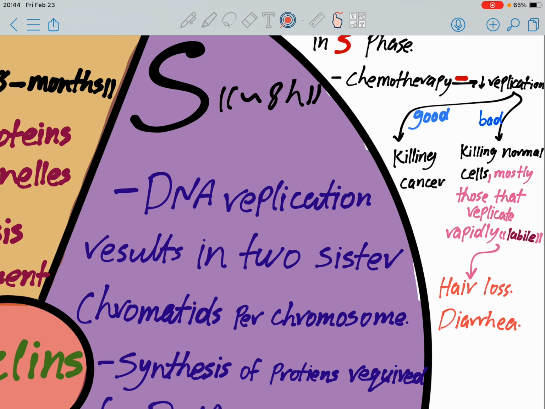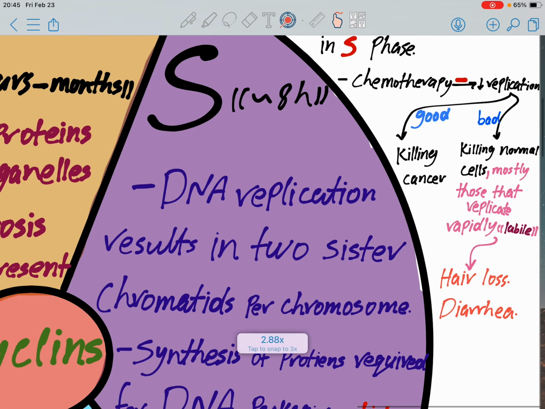So, when a patient with malignancy comes to you and he's taking chemotherapy and complaining of hair loss and diarrhea, think about the chemotherapy, not the malignancy, because the chemotherapy inhibits replication. Those symptoms are complications of the chemotherapy, not the malignancy.